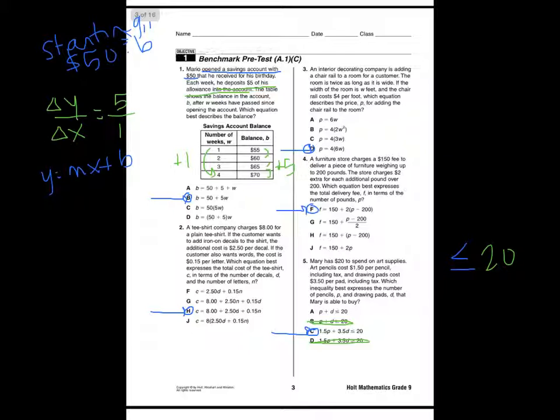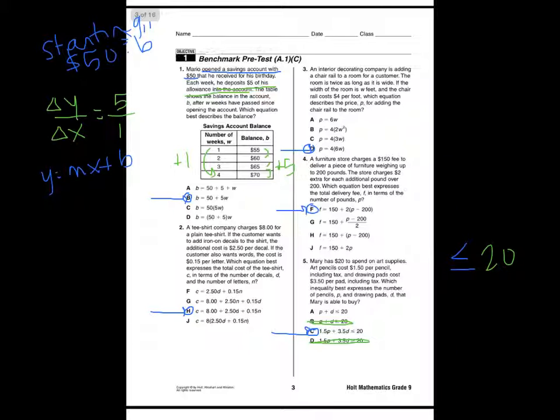So now you're just looking at A and C. Well, common sense should tell you that if you have 2 different objects with 2 different prices, those prices have to be included in your equation. So it's $1.50 per pencil, so that's where the 1.5p came from, and we would add that to the cost per pad, so the $3.50 for every drawing pad, and that would tell us how much we've spent. So that is why the correct answer is C.